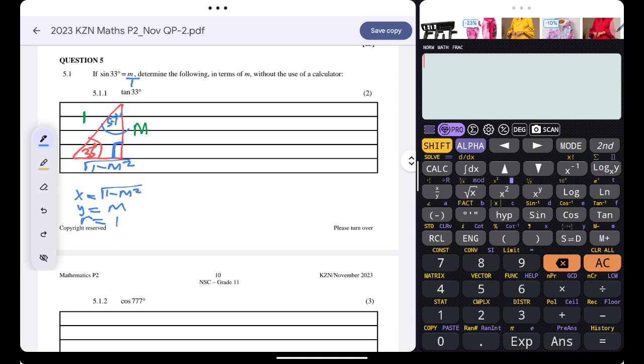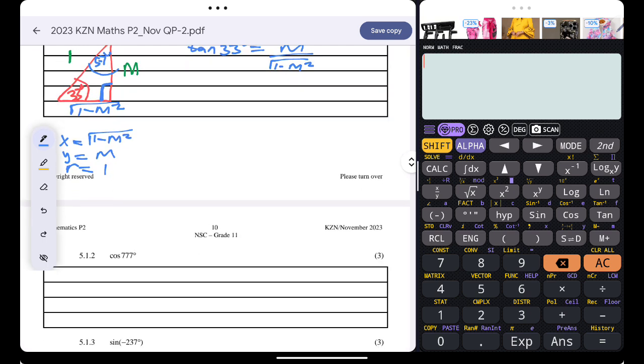They want me to find the tan of 33 degrees. By definition, tan is opposite over adjacent, or just y over x. So tan of 33 degrees is equal to m all over the square root of 1 minus m squared. Are we together?